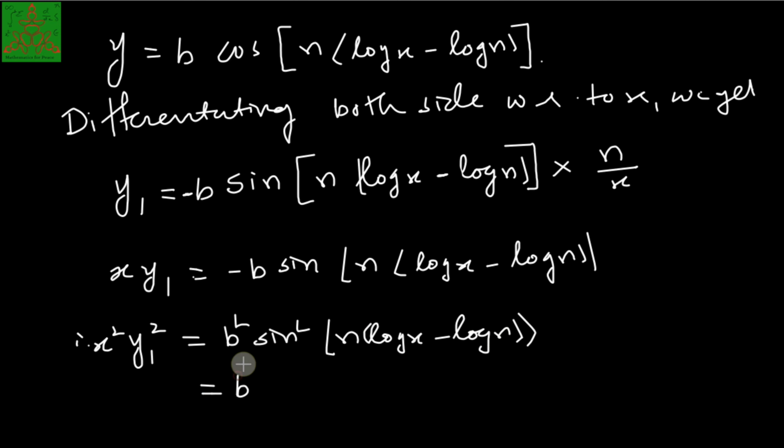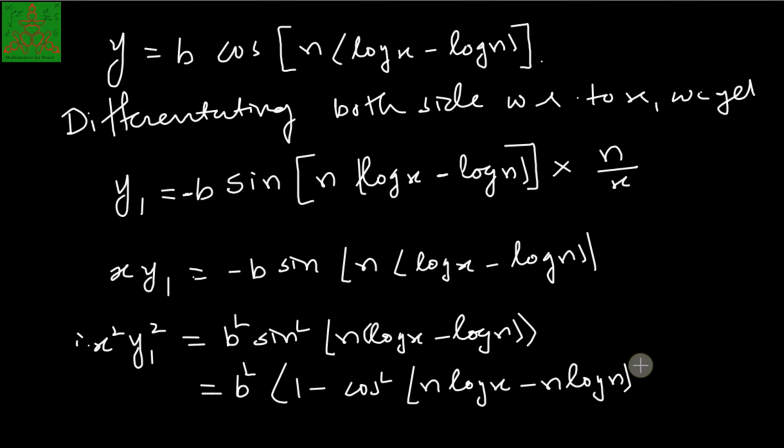That we will write as b square into 1 minus cos square n log x minus n log n. And so 1 minus y cos square, the value of cos square or b into cos, we can say it is y square. So it is b square minus y square we'll have.